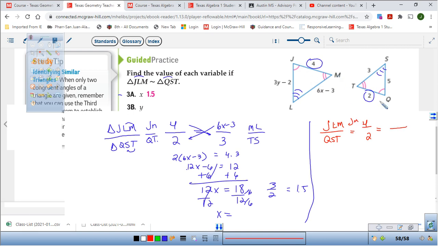Remember, JM goes to QT. Corresponds to which one over here? The Y, right? Okay, we're going to go with JL. JL here, QS. QS is 5 over here.